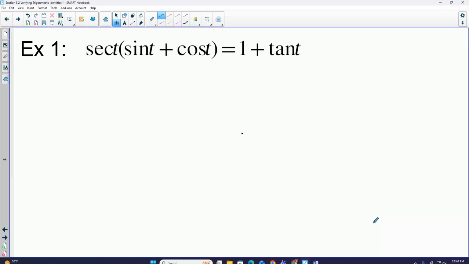Show me why. And so with these proofs, our strategy is a little bit different. We are not trying to work like an algebra equation where we are adding and subtracting things to both sides. We are going to pick a side, and that's going to be our goal. So my suggestion, which side looks easier?